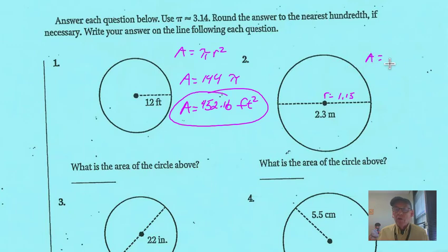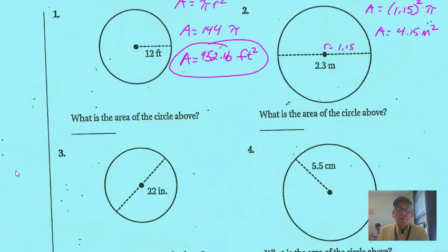So area is going to be 1.15 squared times pi. 1.15 squared is 1.32, and then times pi, 3.14, gives us 4.15 rounded off to 2 decimal places, and we're dealing with meters. So area is going to be 4.15 meters squared.